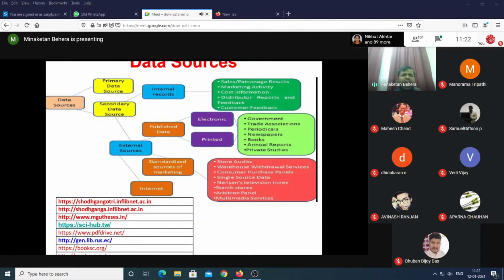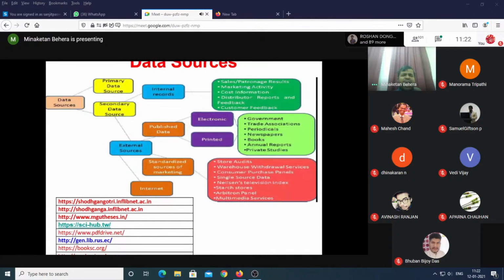Now it is very easy to collect information from secondary sources. In our time it was difficult, but now within one click you will find plenty of information. You have books, periodicals, journals, newspapers. Every editorial of The Hindu, Times of India, Indian Express is available in one click.